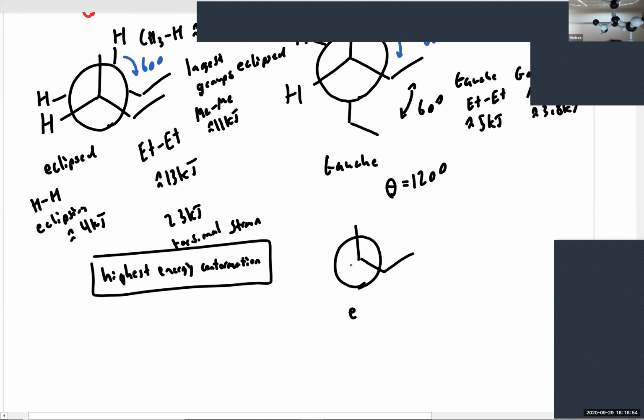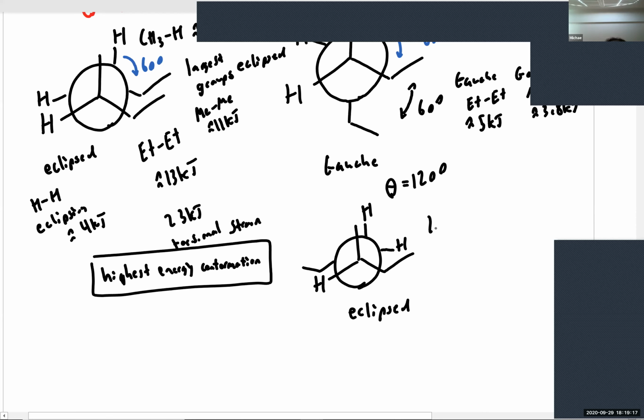So we have our methyl, our ethyl, and our hydrogen. We have our ethyl, our hydrogen, and our hydrogen. Okay, perfect. So this is another one of our eclipsed conformations.